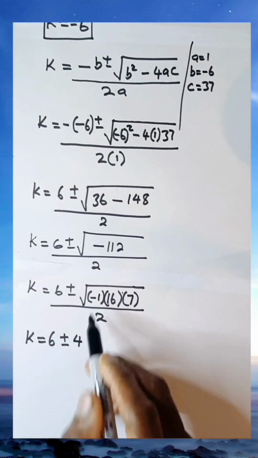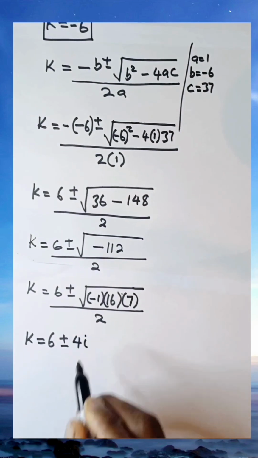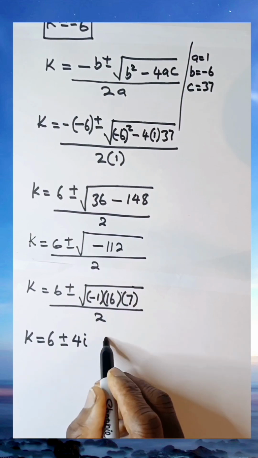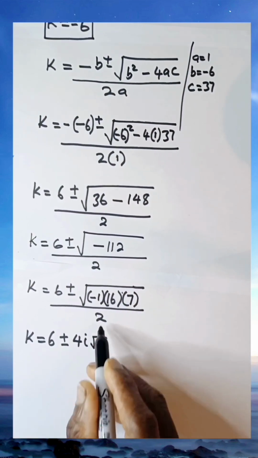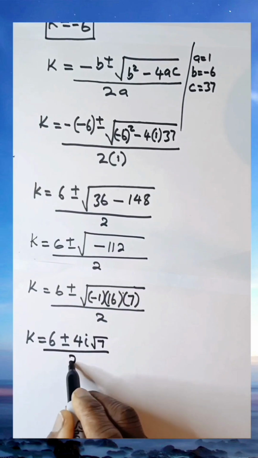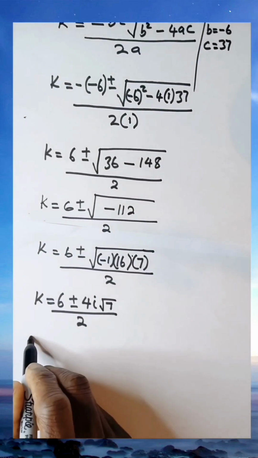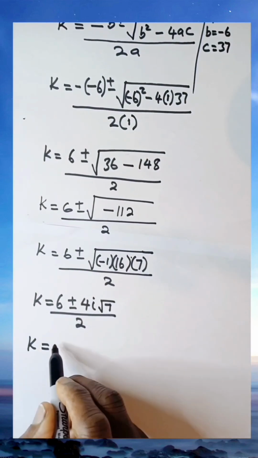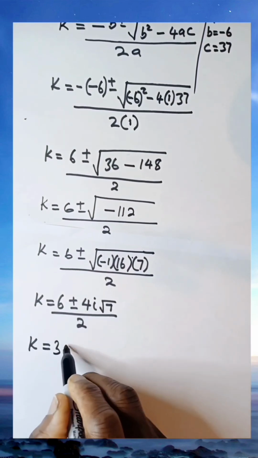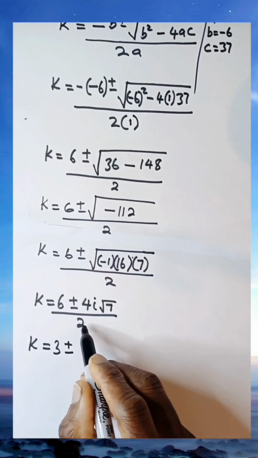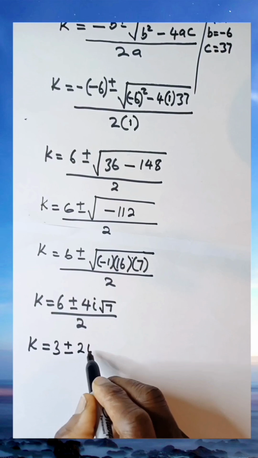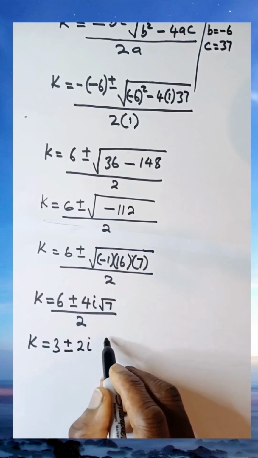And the square root of minus 1 is i. We'll be left with only 7 inside the radical. Then divided by 2. Let us simplify further. K is equal to, here, 2 divides 6, we are going to have 3. Then plus minus 2 divided 4, we are going to have 2. Then i times the square root of 7.